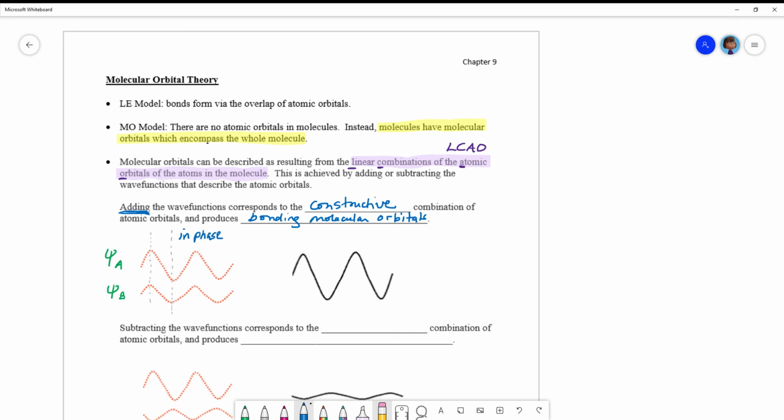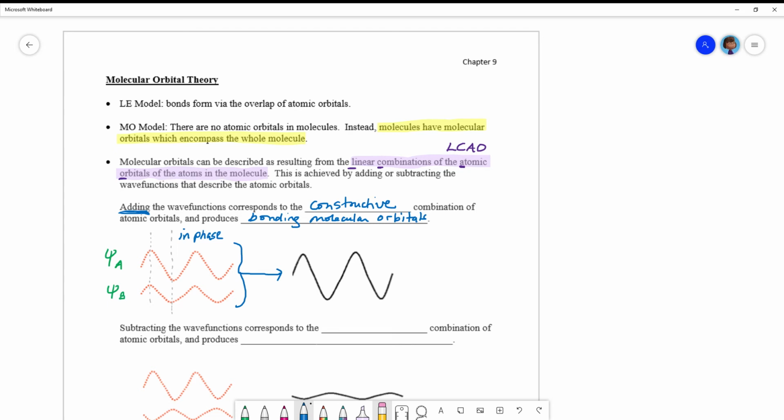And if you take these two waves and they're in phase and you combine them together, well, what happens? Well, you get constructive interference. And constructive interference produces just one bigger wave.